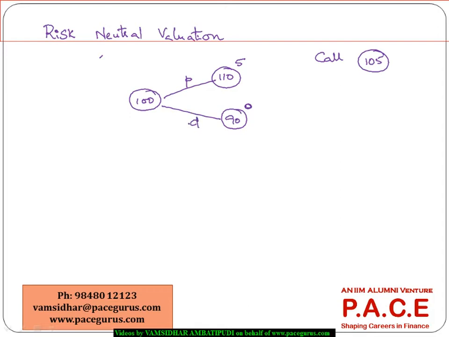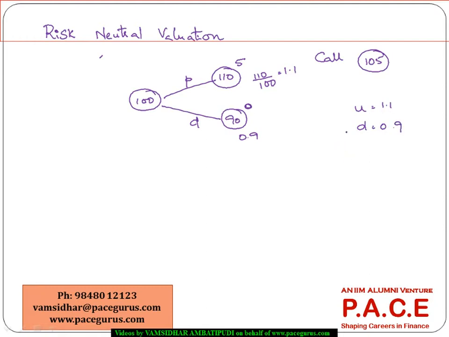I am using these two things. So in this case, the downward movement, I'll take it as a proportion of the price, which is 90 divided by 100. The upward movement also, I'll take it as the proportion of the original price, 1.1. So here I'll take U as 1.1, D I'll take as 0.9.